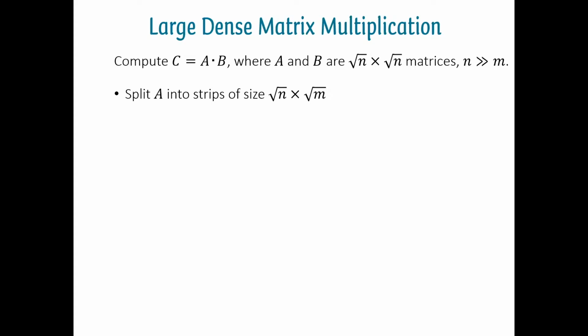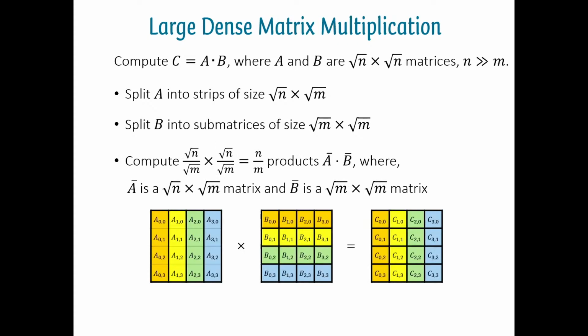Say, for example, instead of square root of M by square root of M matrices, what if you have square root of N by square root of N matrices, where N is far larger than M? Then you can split matrix A into strips of size square root of N by square root of M, and B into submatrices of square root of M by square root of M. These are all small square matrices.